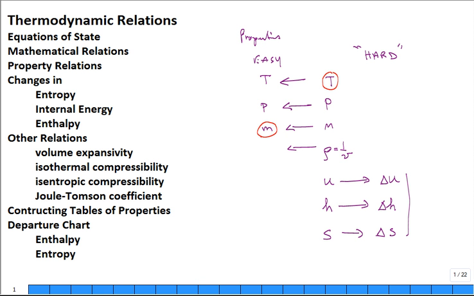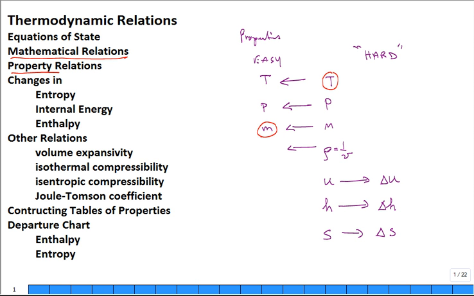It's the same game when we talk about how to measure entropy, enthalpy, and internal energy, although they're a little more abstract to us. But you're going to measure probably something like pressure and temperature and volume and infer changes in internal energy, changes in enthalpy, and changes in entropy. This is a long chapter. The backbone is mathematical relationships.